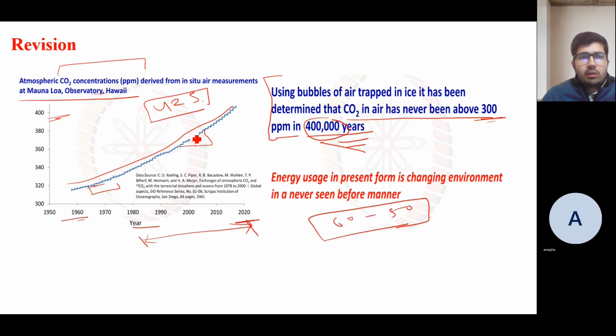These are all reasons of this increased concentration of CO2 in the atmosphere. So the energy use in its present form is changing the environment in a never-seen-before manner. For the last 4 lakh years the CO2 concentration was not more than 300 ppm, but in the last 50-60 years it is about 425.